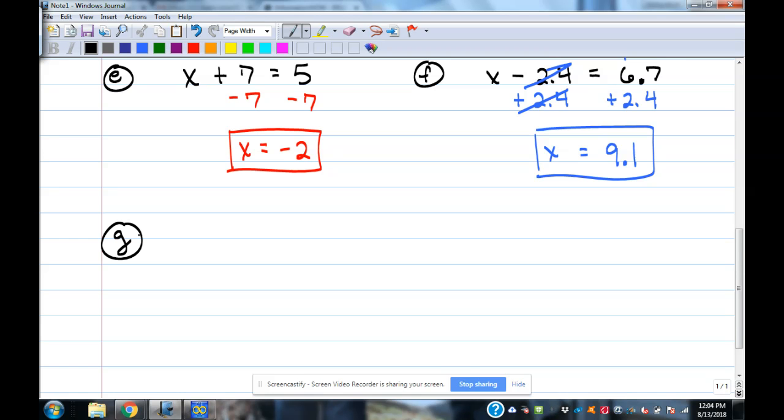All right, let's look at this one. Maybe m plus 5.6 equals 8.2.